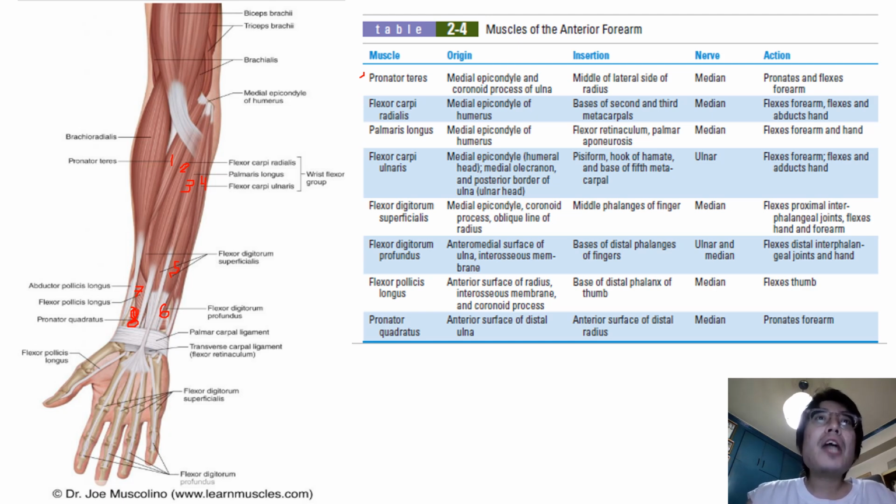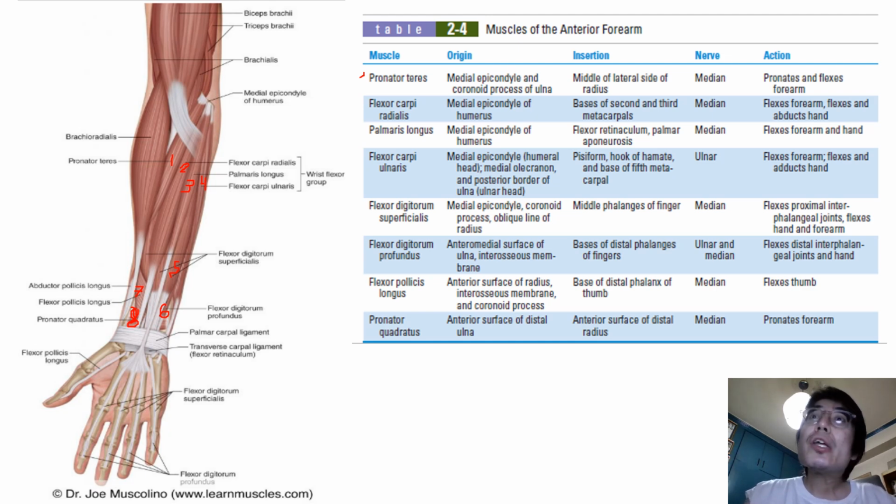Finally, adjacent to the palmaris longus and the most medial of the group is the flexor carpi ulnaris. The flexor carpi ulnaris has its origin from the medial epicondyle of the humerus, the medial olecranon, and the posterior border of the ulna.